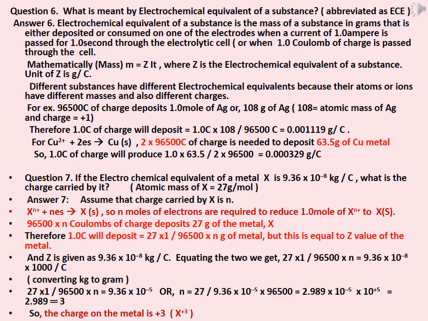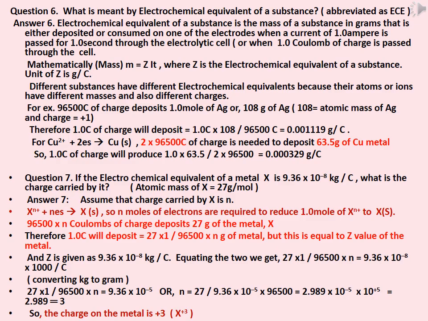Another example taken is that of copper ions. 1 mole of copper ions requires 2 moles of electrons to get reduced to copper metal. Therefore, we can say 2 into 96,500 coulombs of charge is needed to deposit 63.5 grams of copper metal.